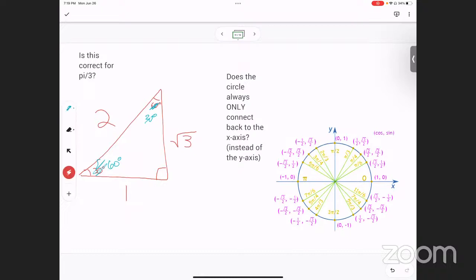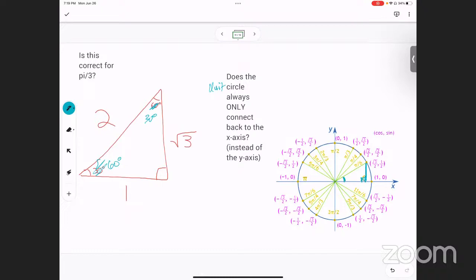Thank you. And then you asked here, does the unit circle, yes, unit circle, like all of the triangles, do they all connect with the x-axis only? Yes, they do. That's the reference angle. The reference angle is always the closest angle with the x-axis.